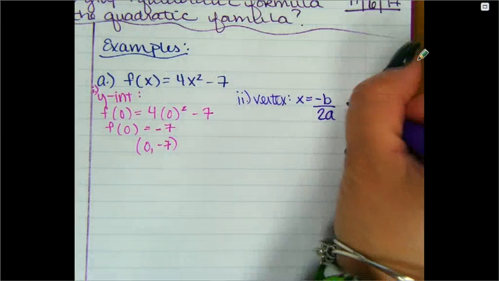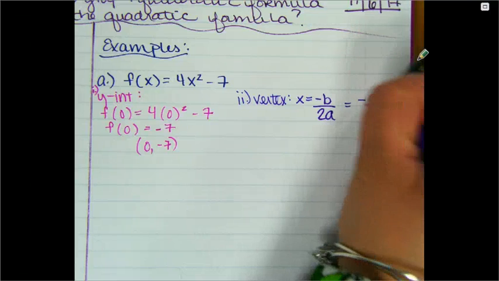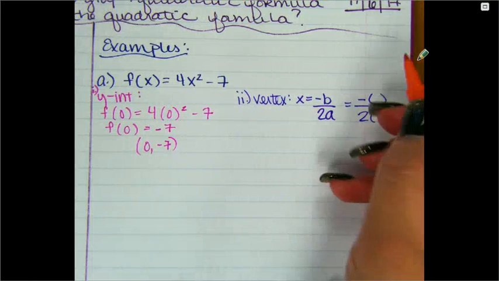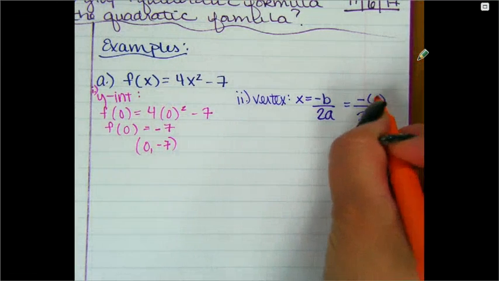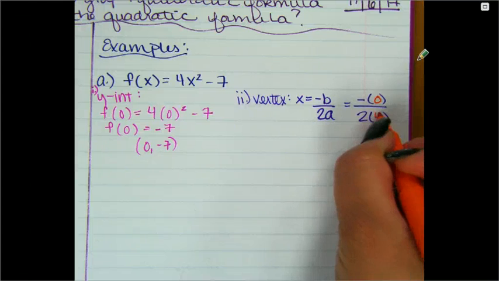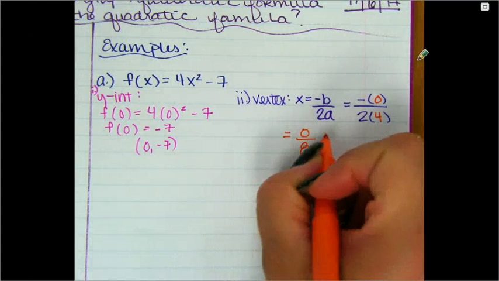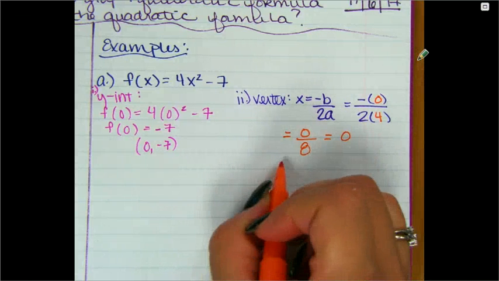A. Yeah, then say it, because you're probably right. So what's your B? 0. What's your A? 4. So 0 over 8, which is just what? 0.